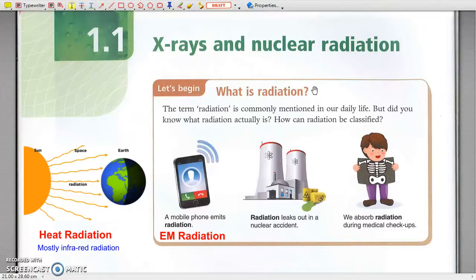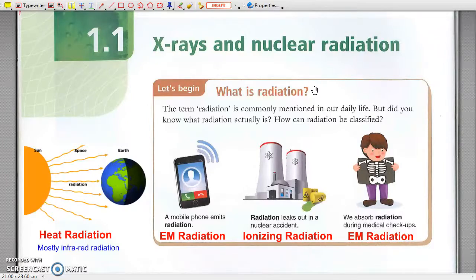2. Electromagnetic radiation, which refers to all electromagnetic waves, most of which are non-ionizing, but the X-rays and gamma rays are ionizing. 3.